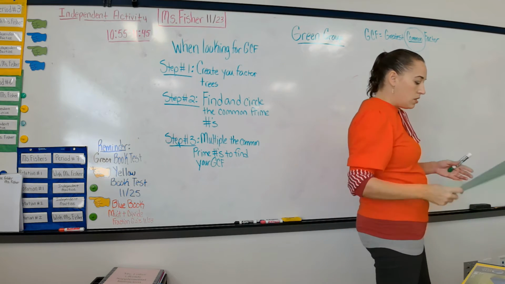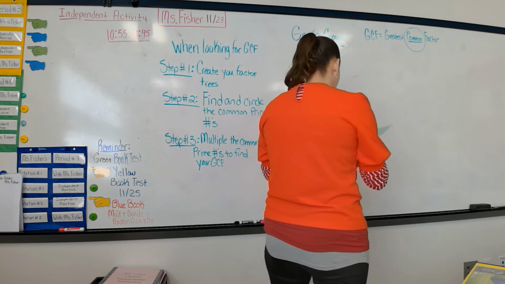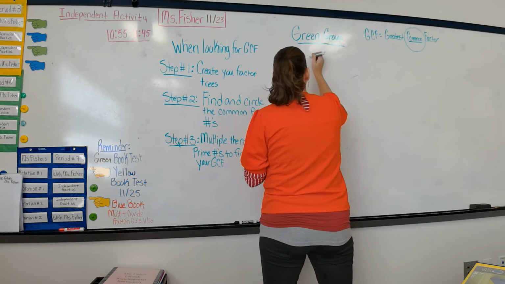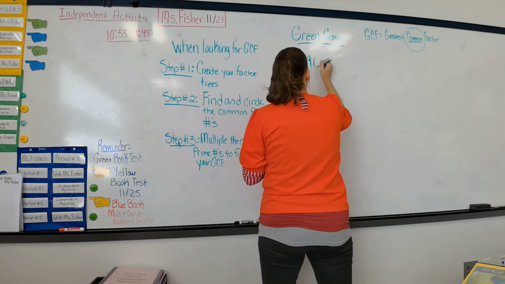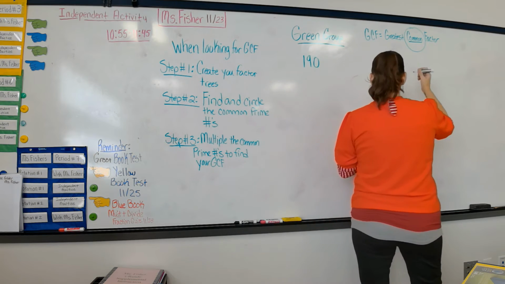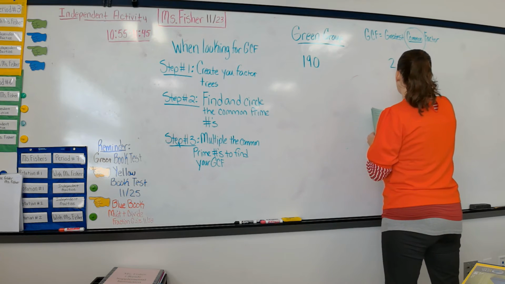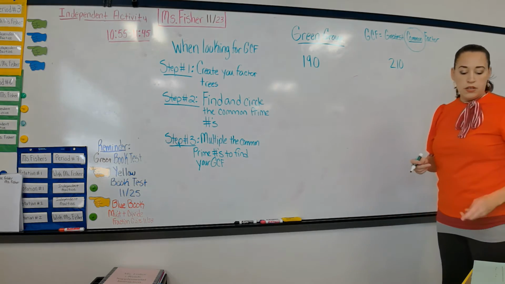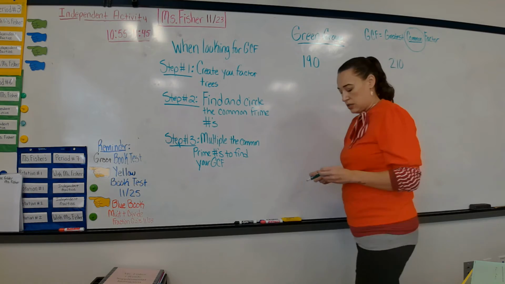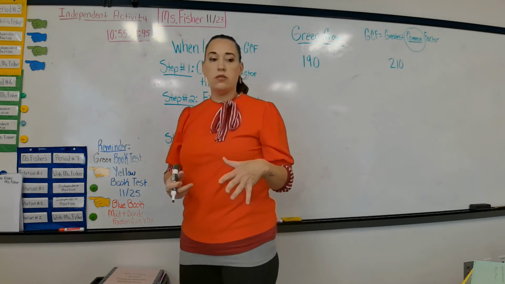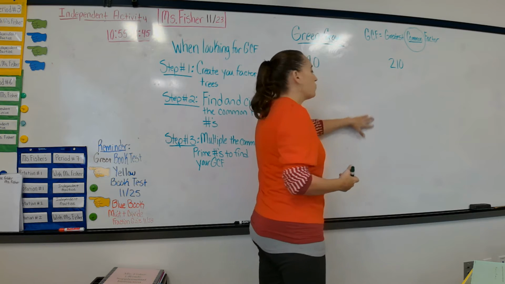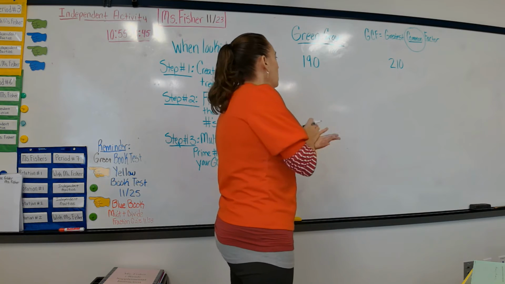Okay, so number 2 is find the GCF of 190 and 210. So this we are going to use our divisibility rules, because it will take a long time to divide out by 2's, just for time purposes.